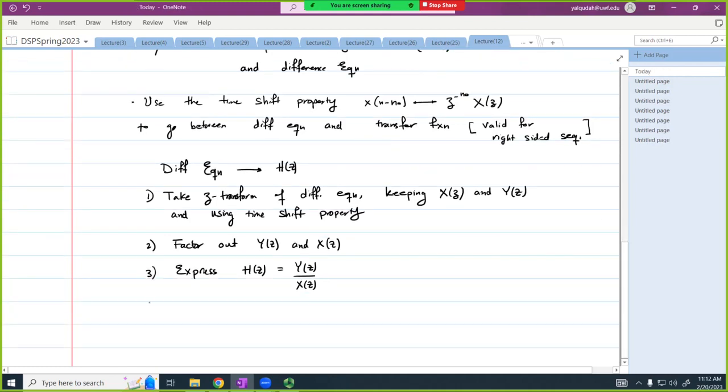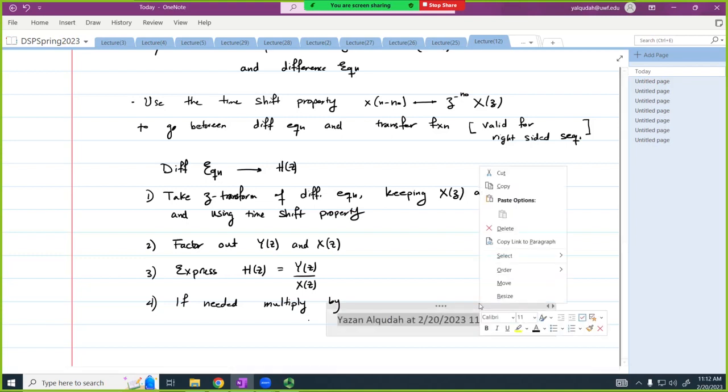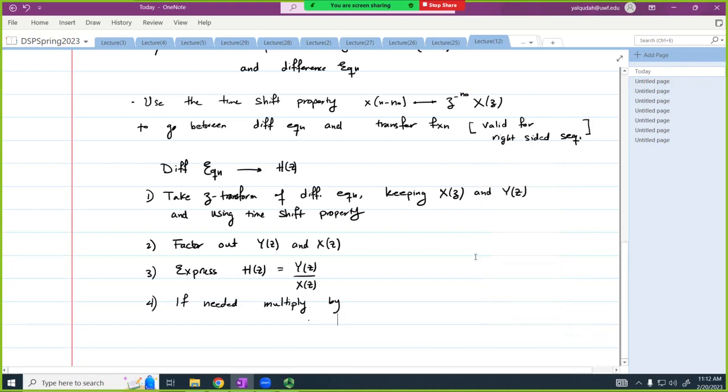And a fourth step, which we might need, if needed, we can multiply by z to n over z to n to get all positive powers.